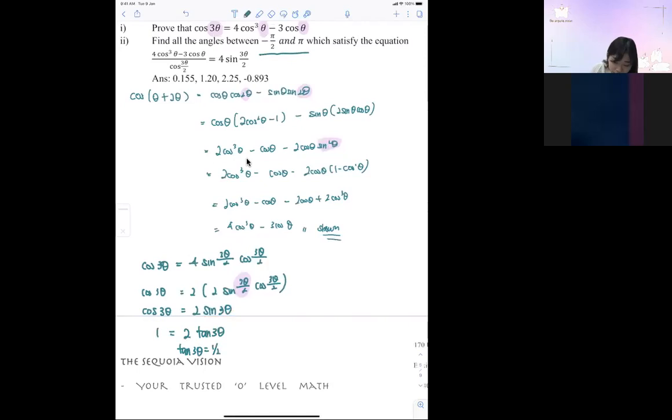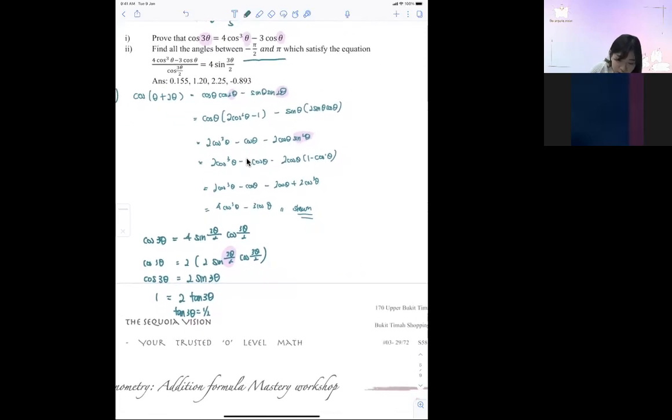Then the angle here is 3 theta. You must be careful, okay? This one I will go through this Saturday. The angle between these, every time they give you this is called the domain. When they use the word between, there's no equal sign.